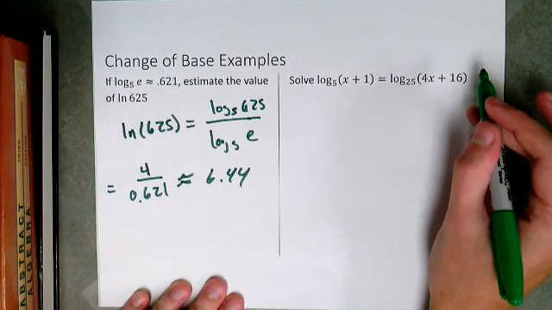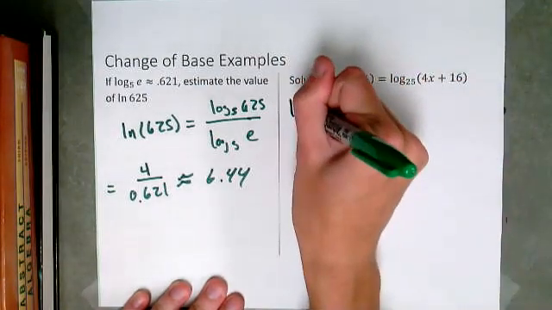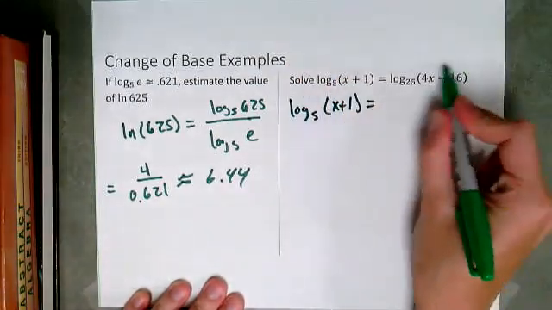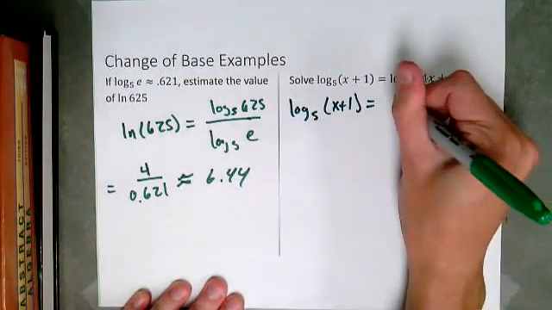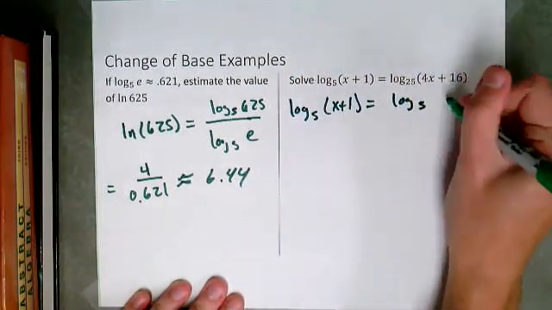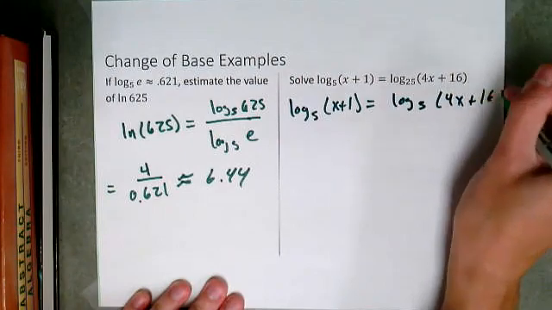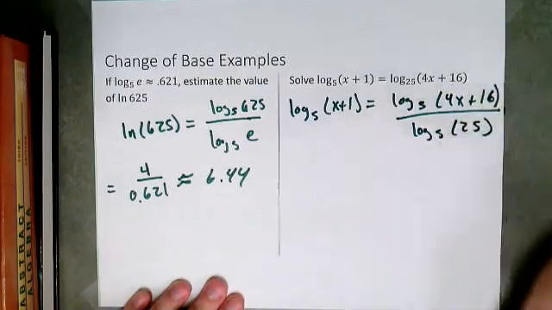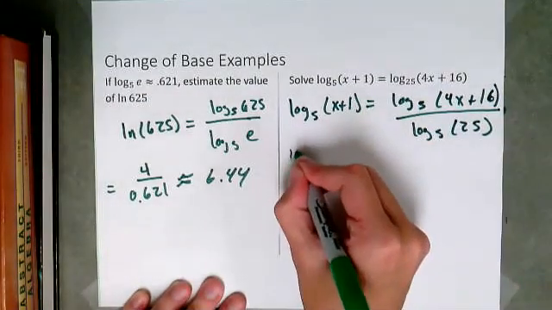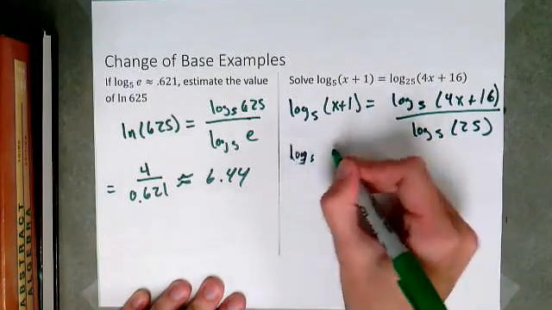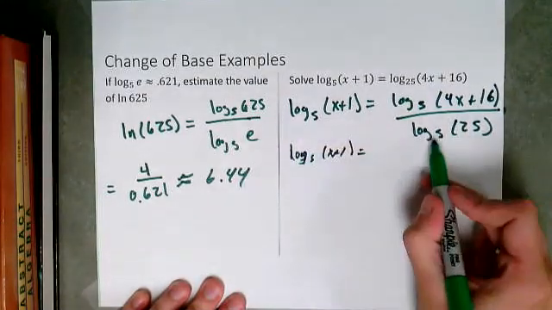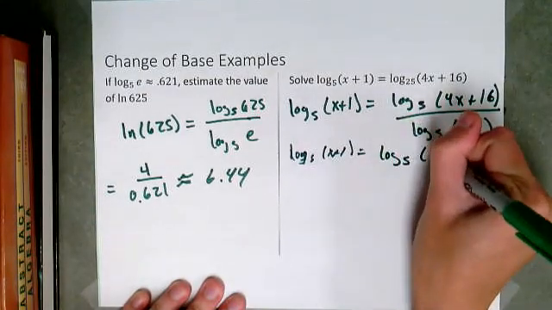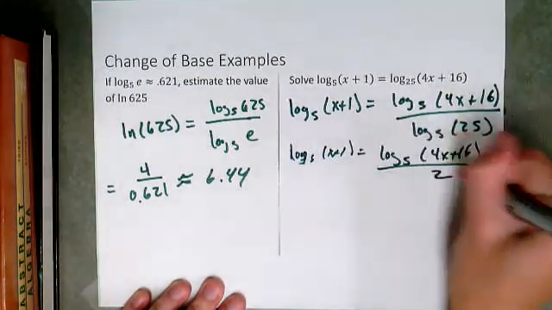We have log base 5 of x plus 1 equal to log base 5 of 4x plus 16 over log base 5 of 25. Log base 5 of 25 is just 2. So this becomes log base 5 of 4x plus 16 all over 2.